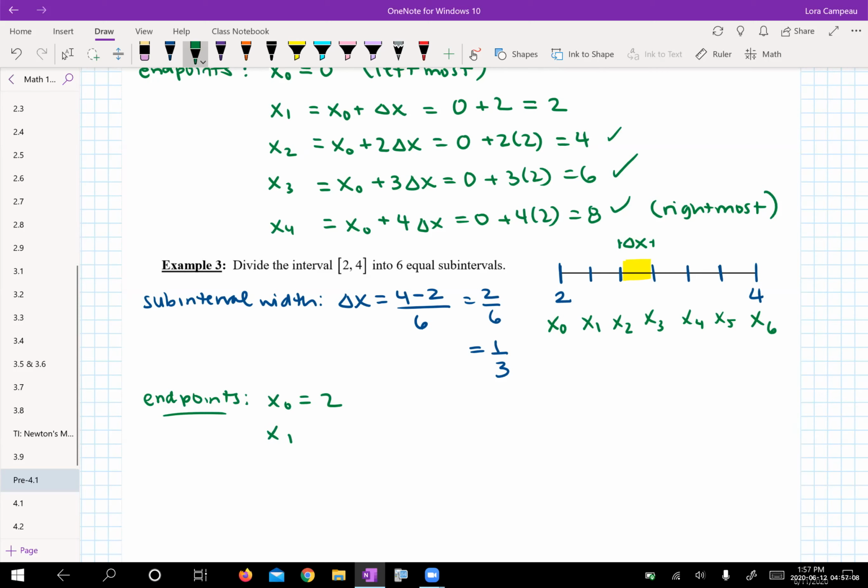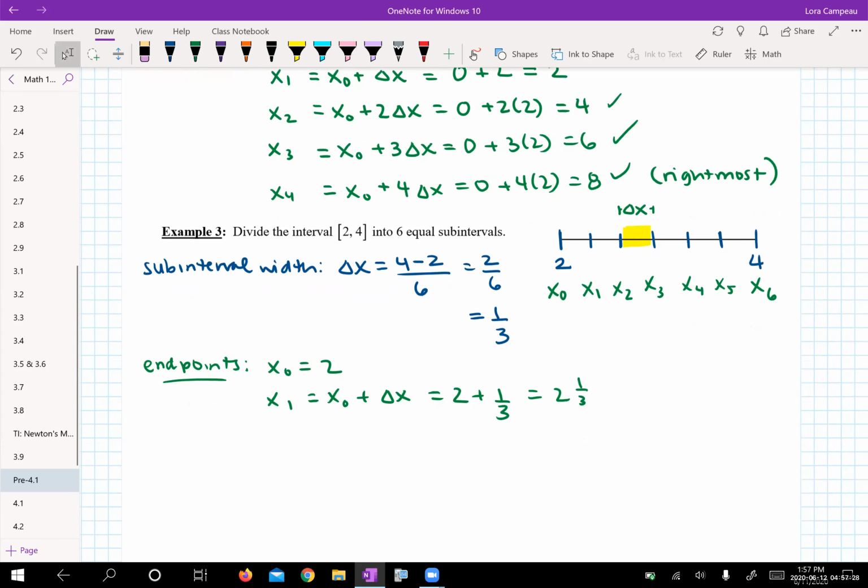X sub 1 is equal to x of 0 plus just a delta x. In our case, it's 2 plus 1/3. And that would be 2 1/3. If you'd like, you can change it to improper fractions if that's something that you're interested in. Right now, I don't bother. And yeah, that does make sense. 2 plus 1/3, that's where we're going to get x1.